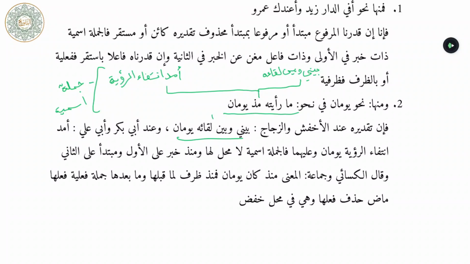Why is mudh serving as the khabar? Because it's in the power of bayni wa bayni liqa'i, and that's a zarf. Therefore, it will become the khabar, and yawman will serve as the mubtada. And according to Abu Ali al-Farisi's interpretation, amadu intifa'i ru'ya, because mudh is in the meaning of amadu intifa'i ru'ya, well, that amadu is an ism. Therefore, we're going to make it the mubtada, and we'll make yawman the khabar.